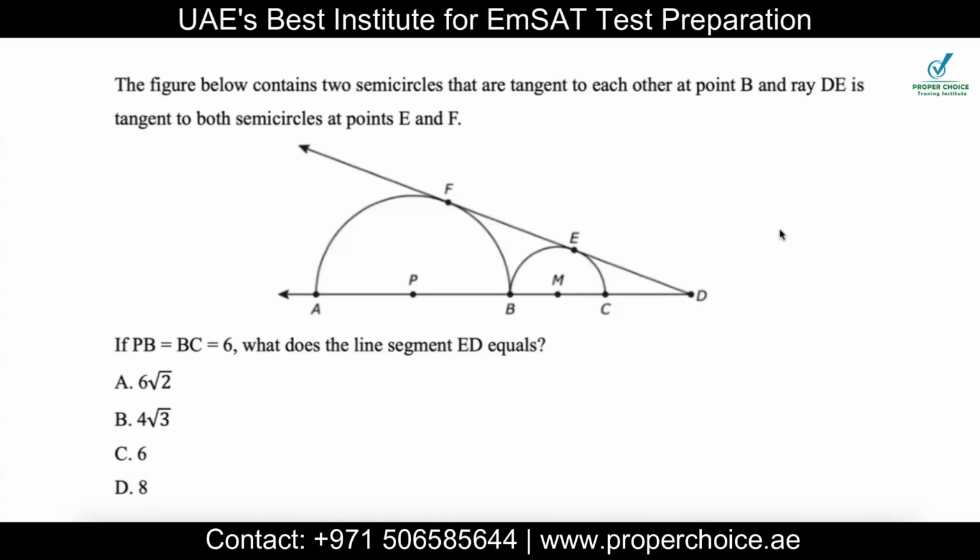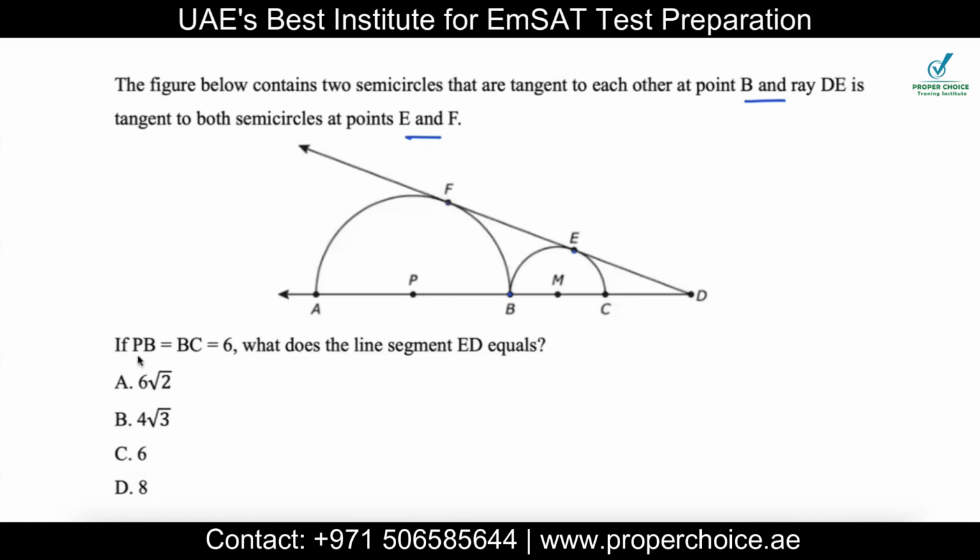Here it says the figure below contains two semicircles that are tangent to each other at a point B, and the ray is tangent to both circles at points E and F. They are just describing the shape.